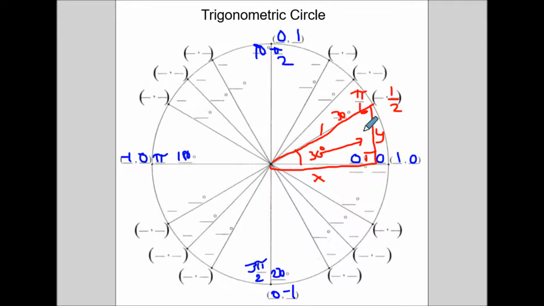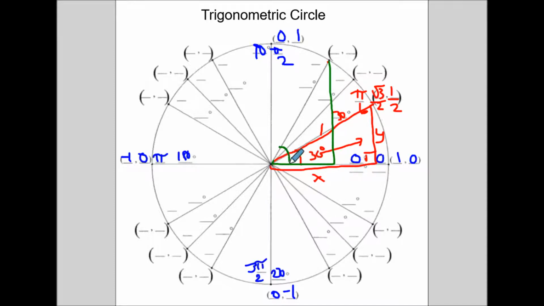And if you use the Pythagorean theorem, x squared plus y squared equals 1, you can figure out that the first part here would be square root of 3 over 2.